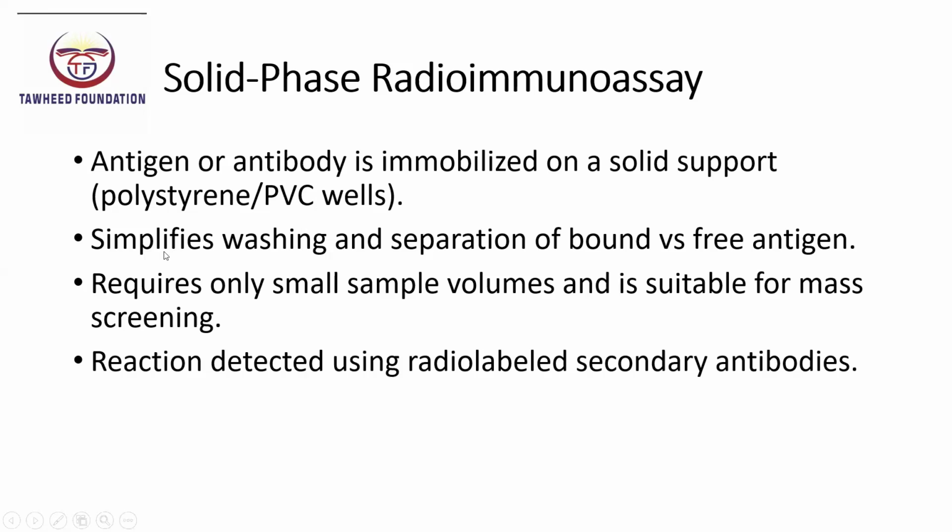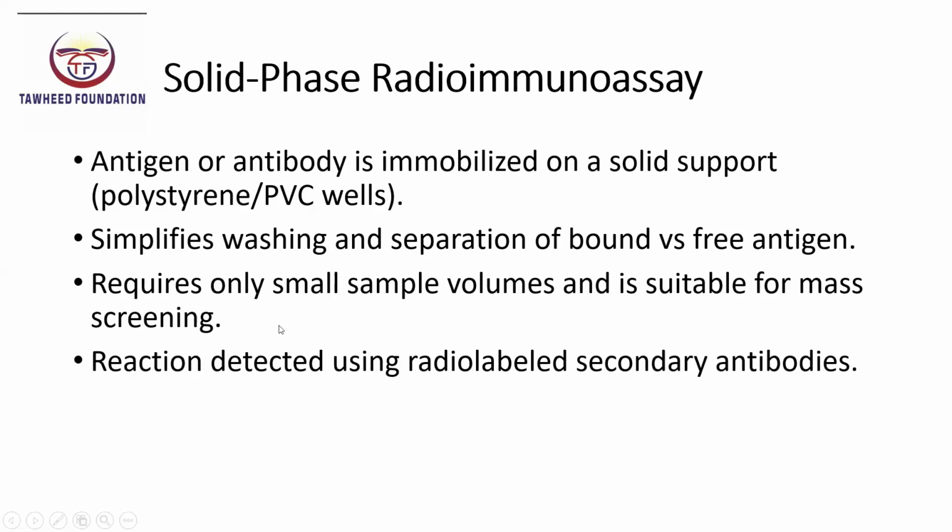Immobilization facilitates easy separation of bound and free fractions through simple washing steps. These washing steps eliminate the need for complex chemical precipitation methods. These methods allow for smaller sample volumes and higher throughput, making it especially suitable for large-scale or mass screening programs.